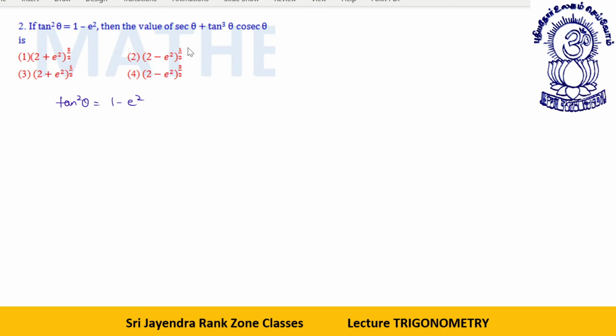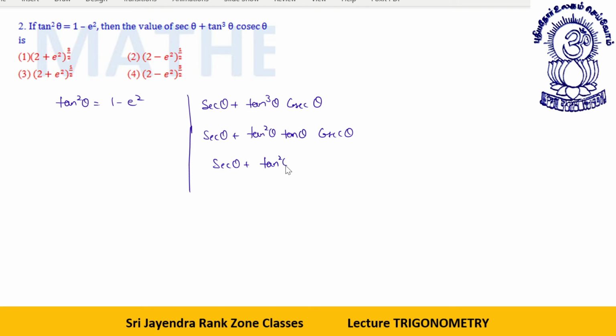You have to find the value of sec theta plus tan cube theta into cosec theta. What we need to find is sec theta plus tan square theta into tan theta into cosec theta.